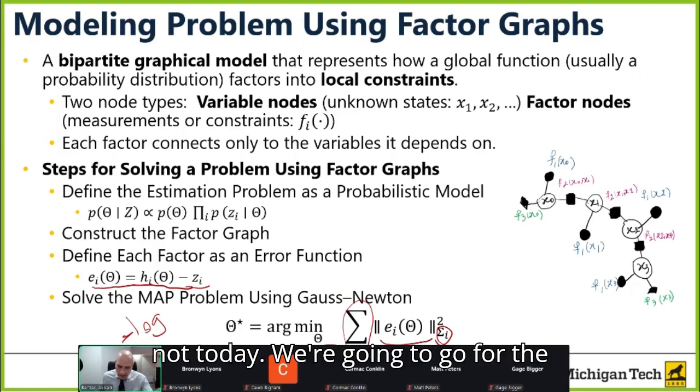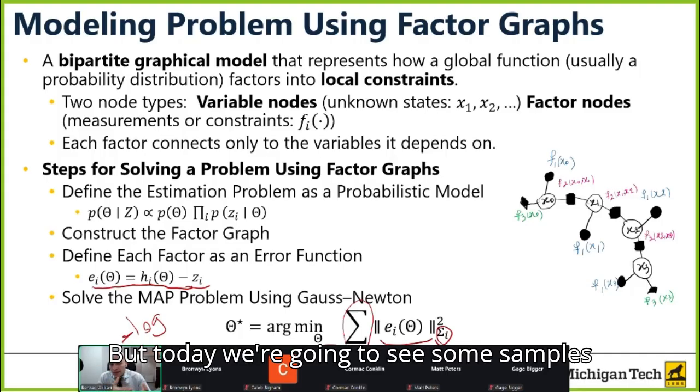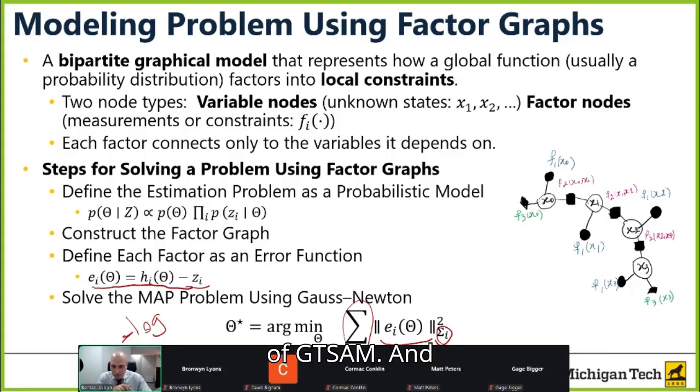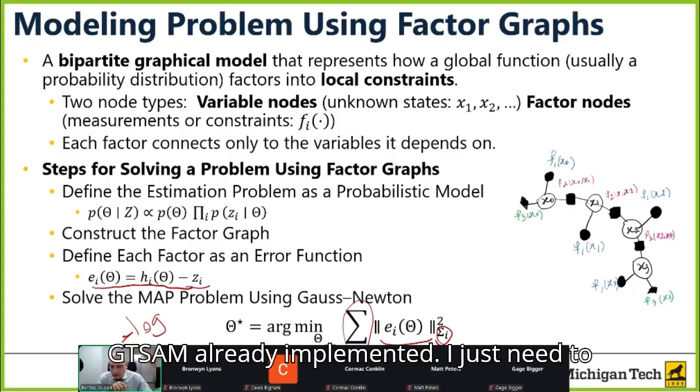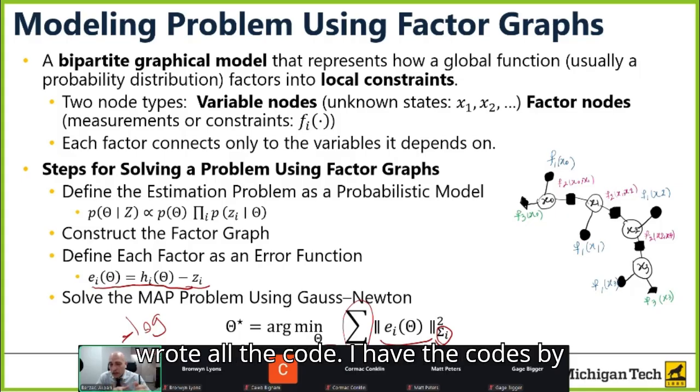Maybe not today, we're going to go for the optimization part, but next class, in maybe half an hour, we can explain that. But today we're going to see some samples of GTSAM, which is already implemented. I just need to call the function, and it's going to do the optimization by itself. But I wrote all the code myself too.